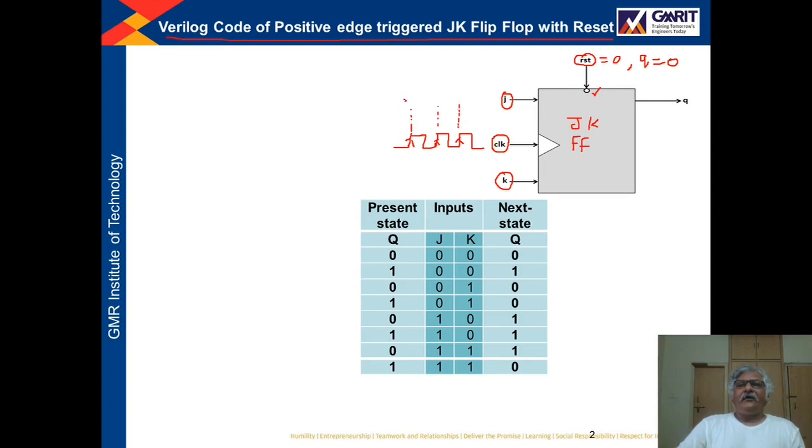So at this edge, depending upon the values of J and K, the flip-flop will operate and generate some output. Obviously, for the normal operation of this JK flip-flop, the reset should be 1.